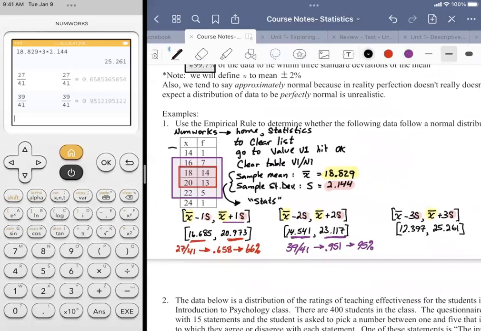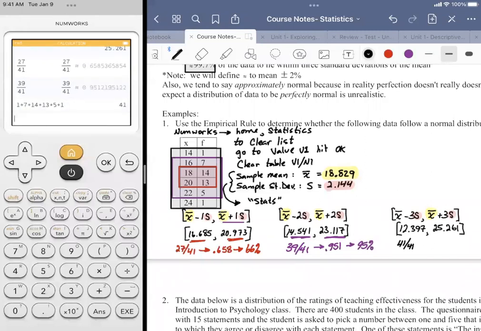So there are 41 values overall, and all 41 of them fall in this interval. Just by taking the numbers, 1 + 7 + 14 + 13 + 5 + 1, a total of 41 values.